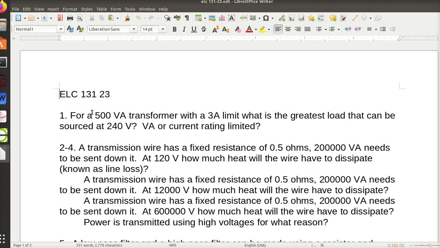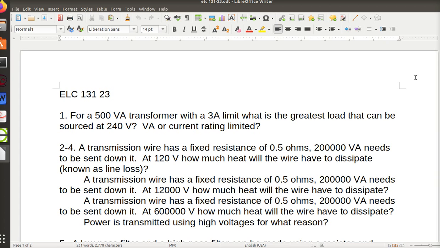So now this one would be VA limited based on the calculations. And so it's important to understand that when you're dealing with transformers.